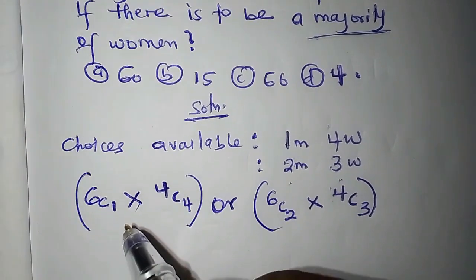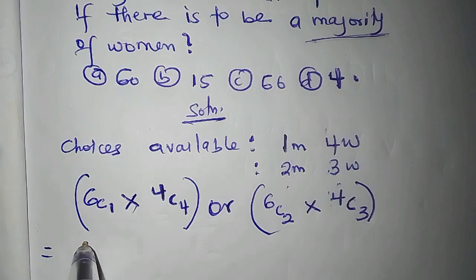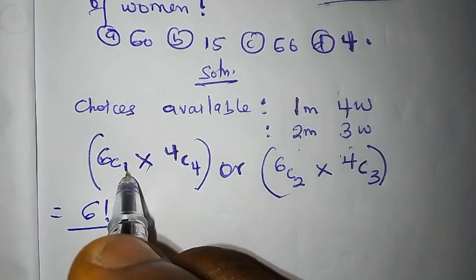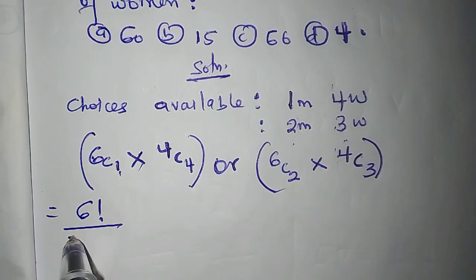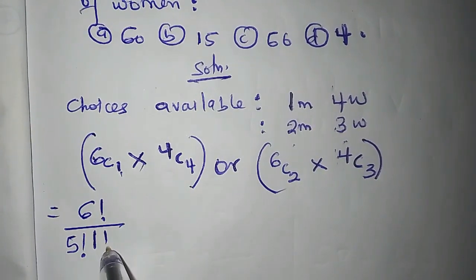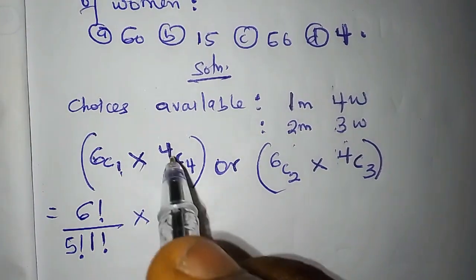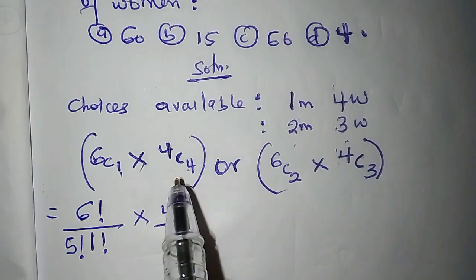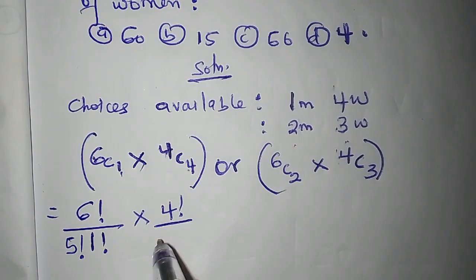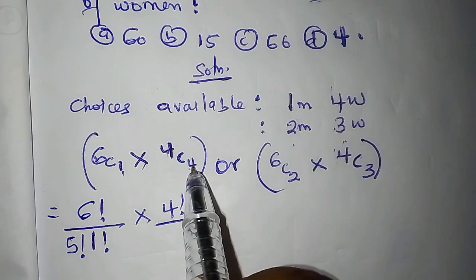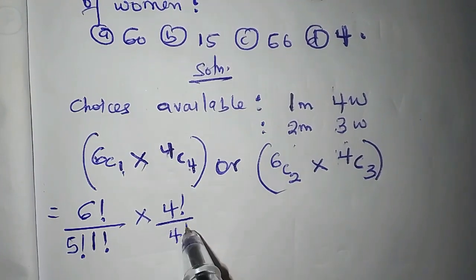So what is 6 combination 1? This is 6 factorial all over 6 minus 1, that's 5, 5 factorial, then the 1 factorial itself, times 4 combination 4, that's 4 factorial, all over, what's 4 minus 4? 0. And 0 factorial is 1. Okay? Then the 4 factorial itself, 4 factorial.